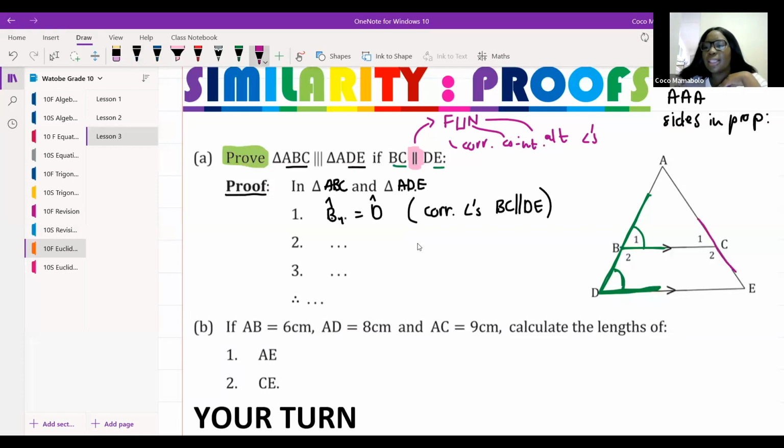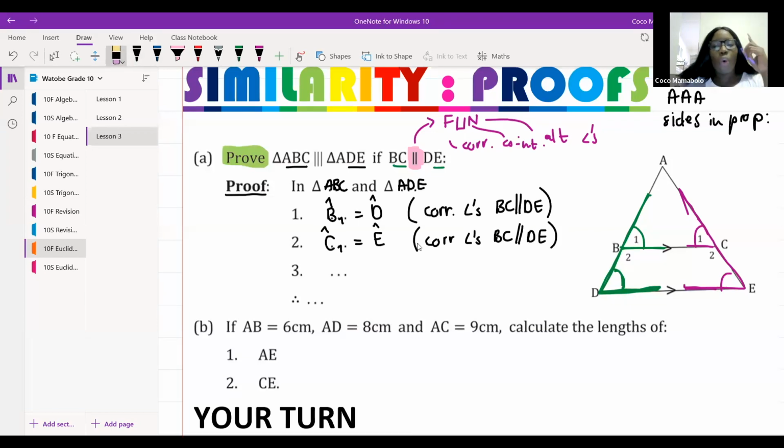So we can see that angle E, here's my other F just in the opposite direction. C1 and E are also going to be equal. So for my second reason, I can go angle C1 is equal to angle E for the exact same reason. Corresponding angles, BC is parallel to DE. That's how we know that that's happening.